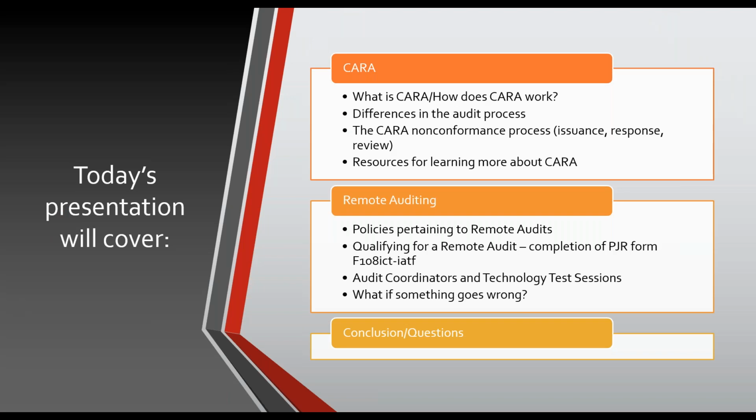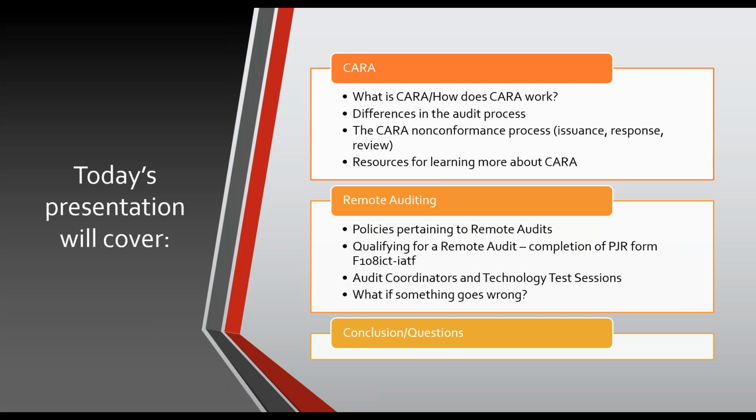Our presentation, as I indicated, is a two-part presentation. We're going to start with CARA. We're going to discuss what it is, how it works, talk about some differences in the audit process, and how the non-conformance response process has changed. I've got some links for you, some information on some resources for learning more about CARA.